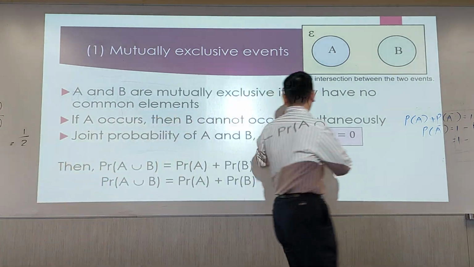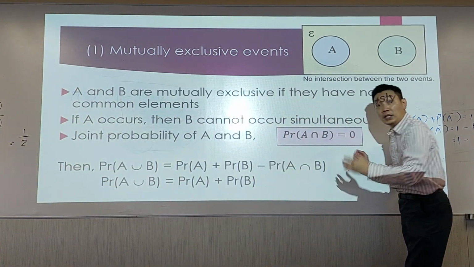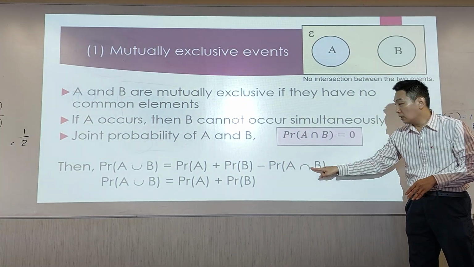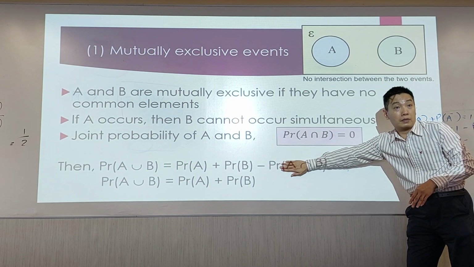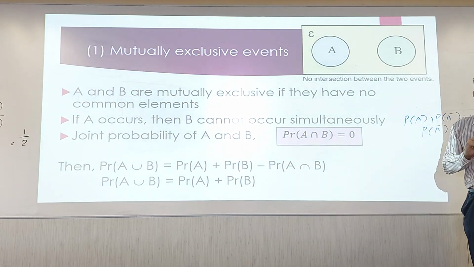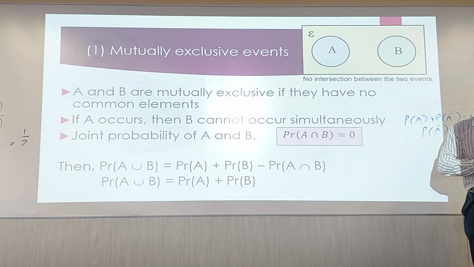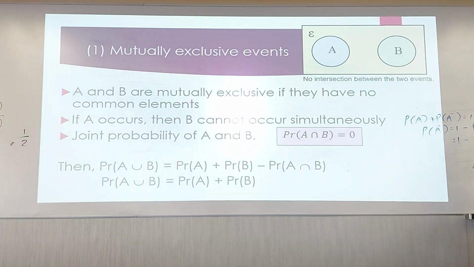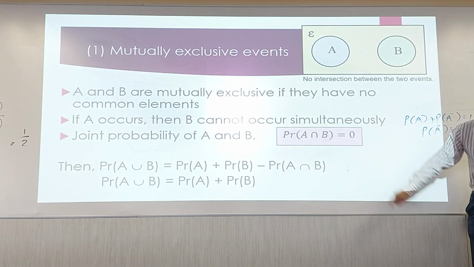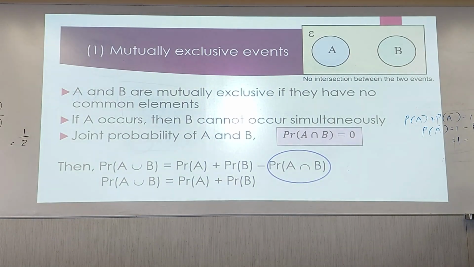Because A and B cannot meet each other, there will be 0 chance to meet, so A intersect B is equal to 0. If you simplify, for mutually exclusive events, P(A union B) is equal to P(A) plus P(B). This is the important characteristic you have to remember.